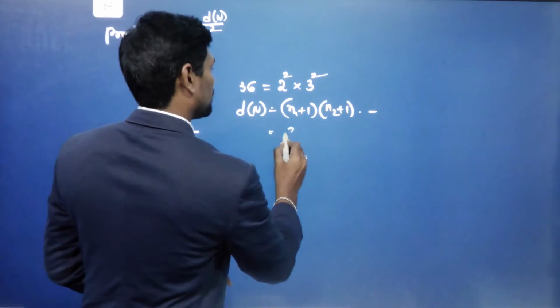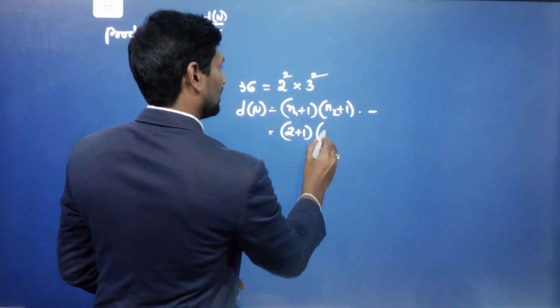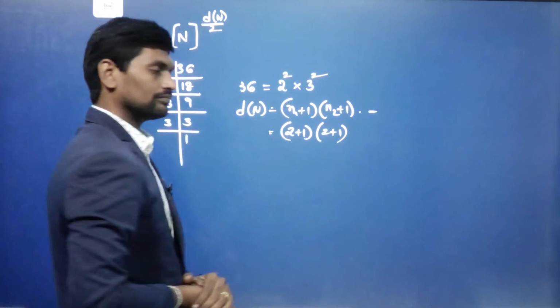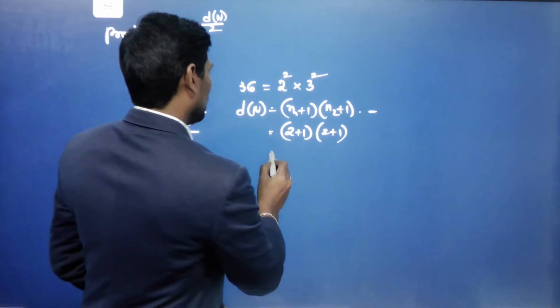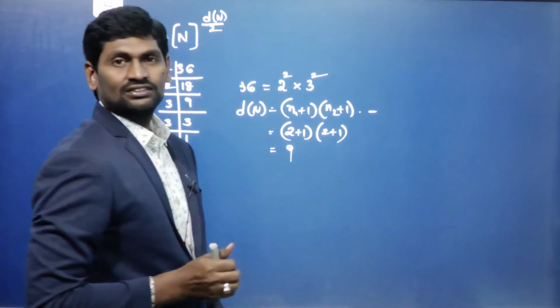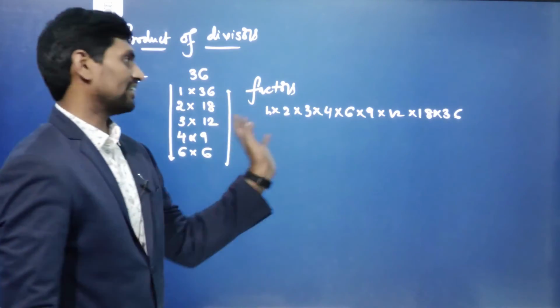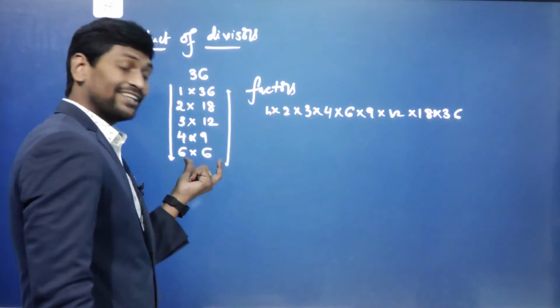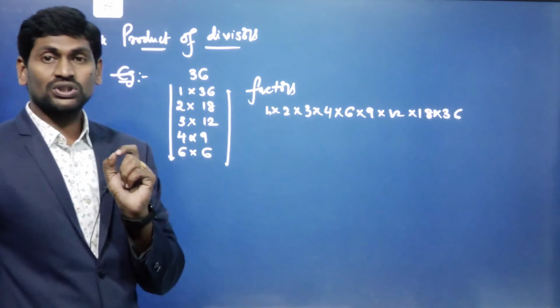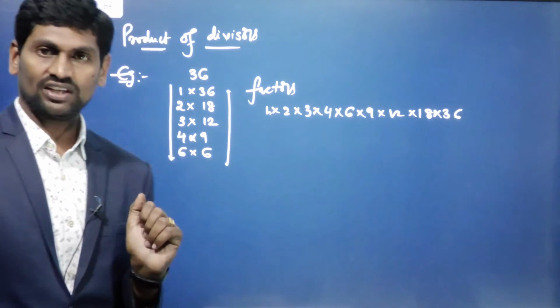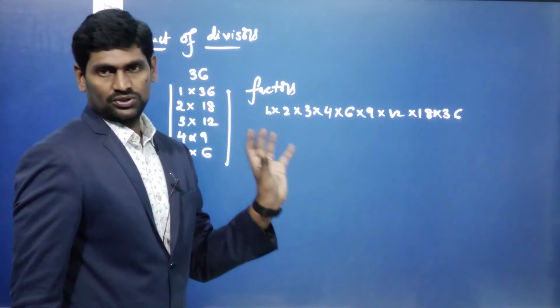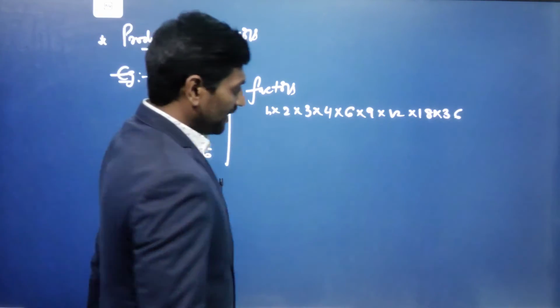That means 2 plus 1, here also 2 plus 1. Clear? 3 into 3, 9. There are total 9 factors. Check, here also we got only 9 factors. 6 is repeating 2 times, so we should consider only one time. Distinct factors we should take. So there are 9 factors.